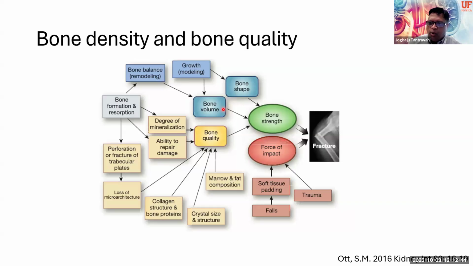Okay, and so bone density was by and large the only parameter that was important in our internal medicine world, a world of aging women, postmenopausal women, aging men, perhaps with hypogonadism.